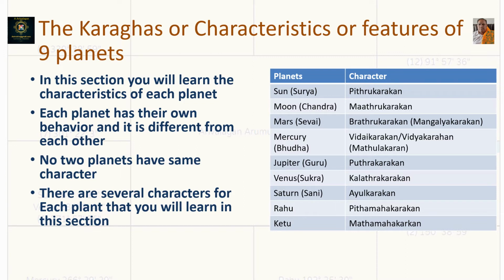Jupiter is called Putra Karaka, Venus is called Kalatra Karaka, Saturn is called Ayur Karaka, Rahu is called Pitamaha Karaka, and Ketu is called Matamaha Karaka. So these are the identifications. Inside each of these there are a lot of other characteristics, but for understanding purposes I am just giving you the things that are included in this section.